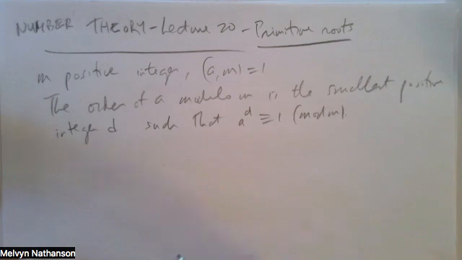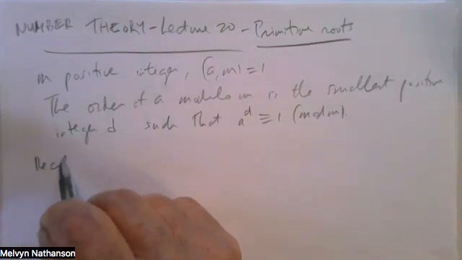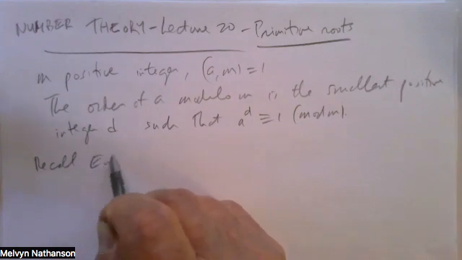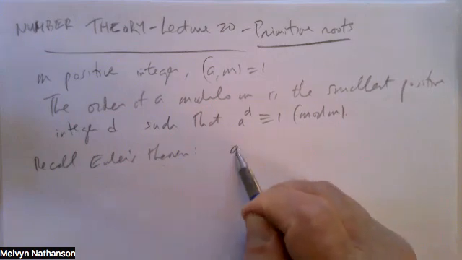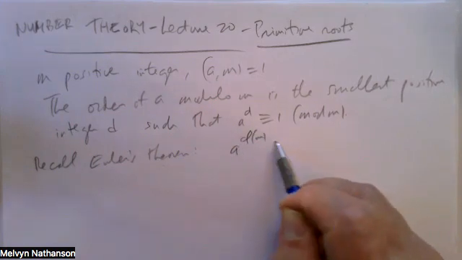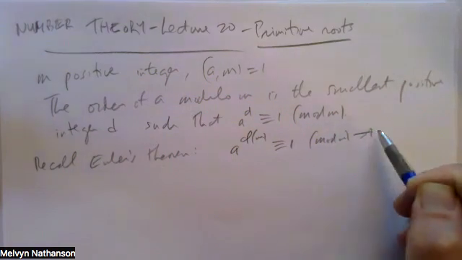And we know there is such an integer because we recall Euler's theorem that a to the phi of m, the Euler phi function, is always congruent to 1 mod m.